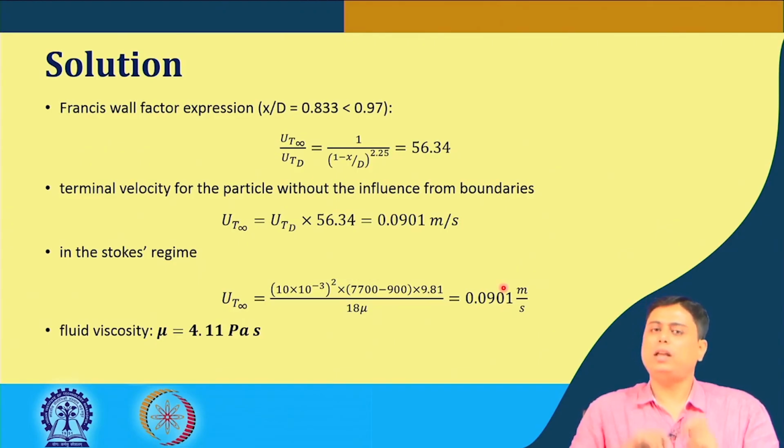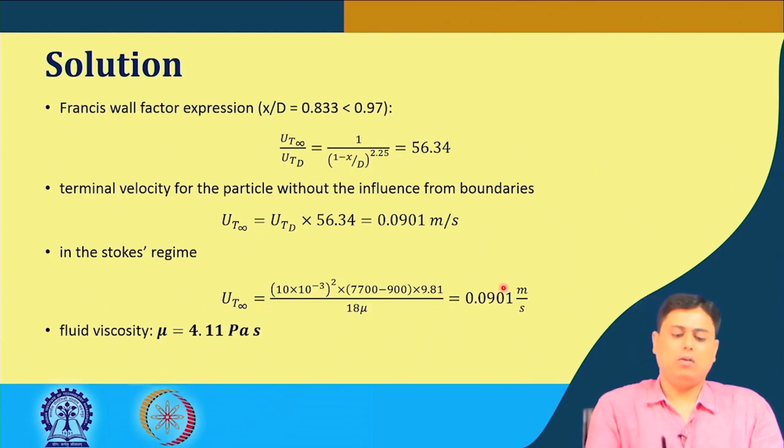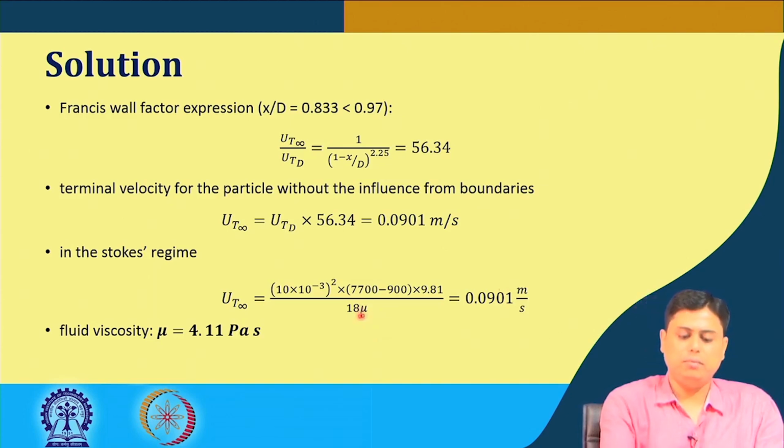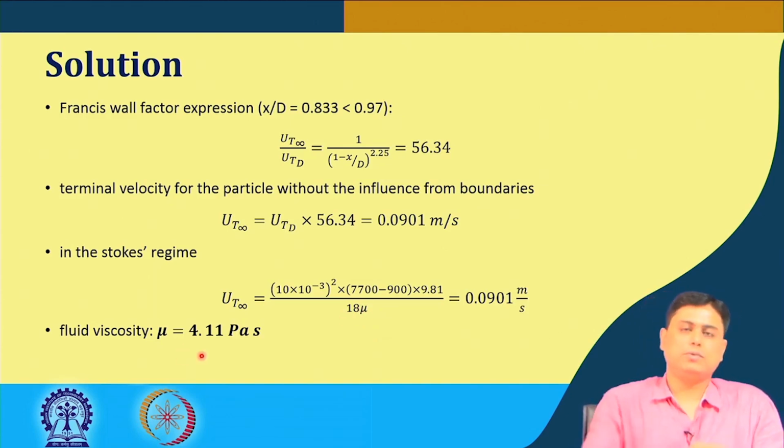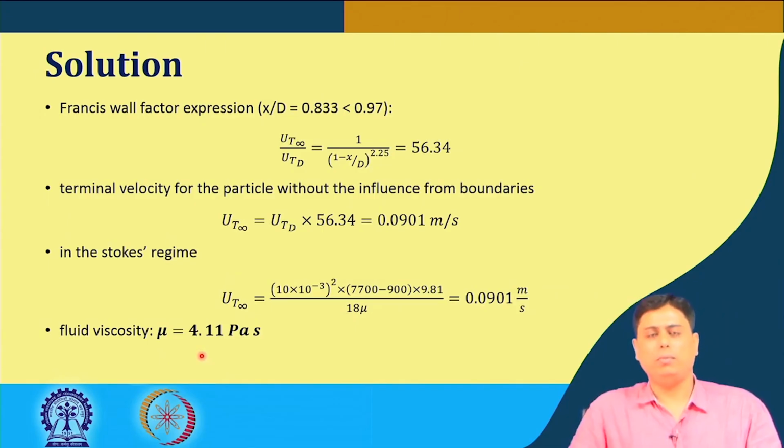So we measured the actual terminal velocity, we have to correct that for the infinite pool of liquid, and then we use it in the terminal velocity expression, equate that with that value, and we get our unknown factor, which is the mu. In this case, the value comes out to be 4.11 Pascal second.